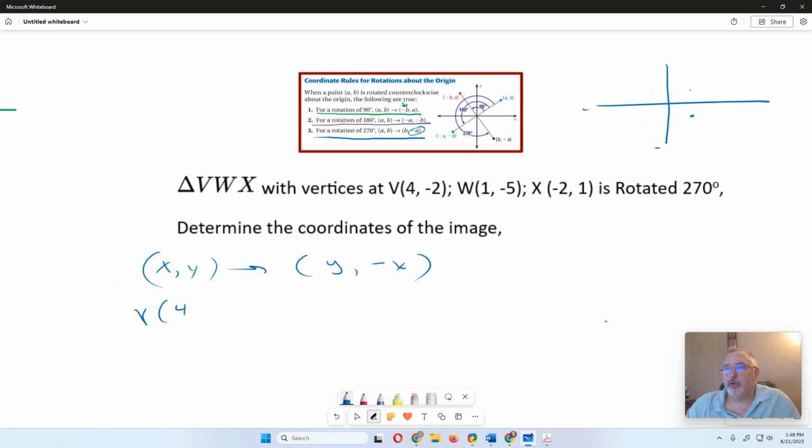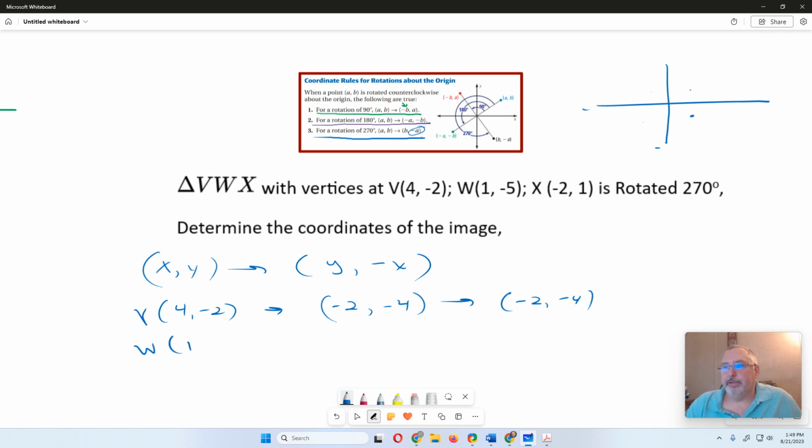B is at (4, -2). We swap, so we've got (-2, 4), and this time we take the opposite of the x term, giving us a coordinate at (-2, -4). See, it worked out. We have our point in this quadrant, and both terms are negative.